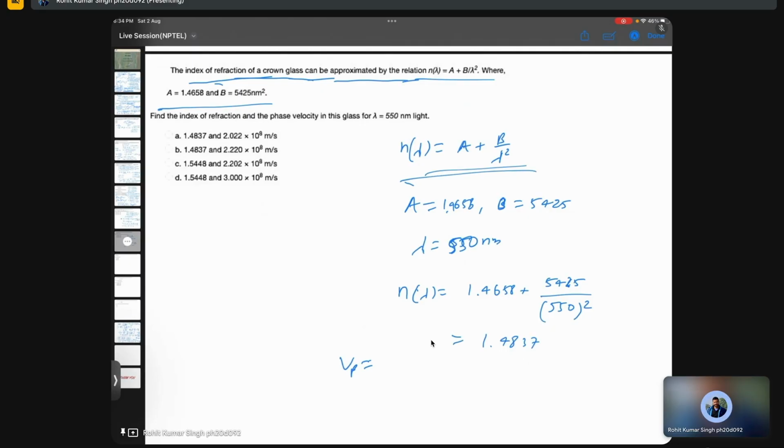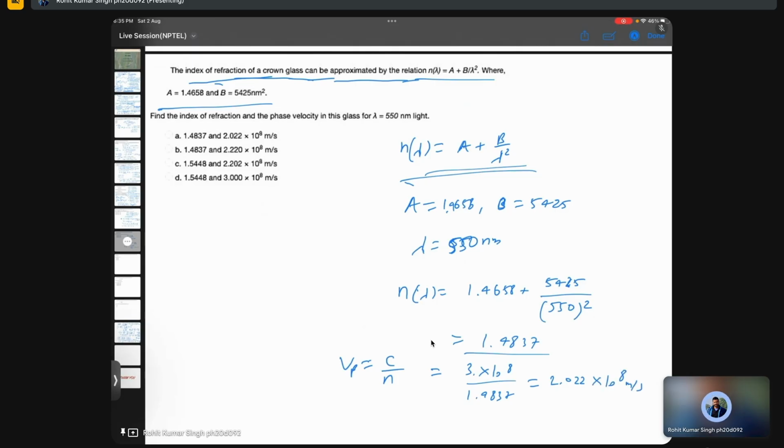Because we are talking about light, in vacuum its speed is c, but in a medium it is c by n, which we have calculated here. Speed of light everyone knows, around 3 into 10 to the power 8, no problem. Divided by 1.4837, it will be 2.02 into 10 to the power 8 meter per second, something like this.